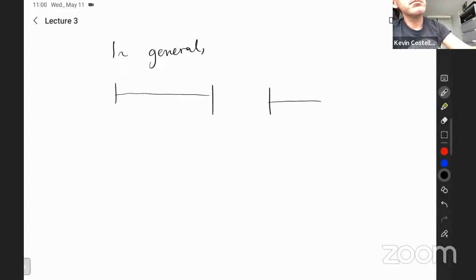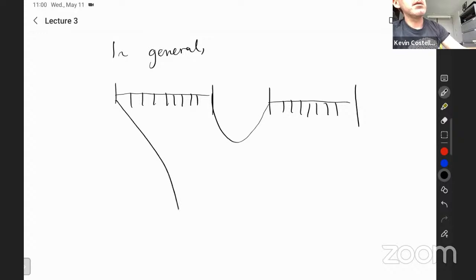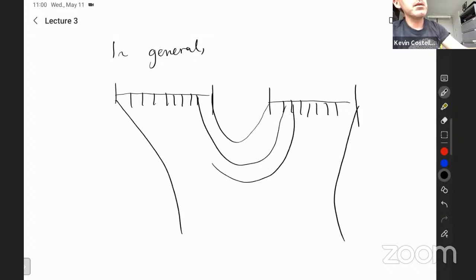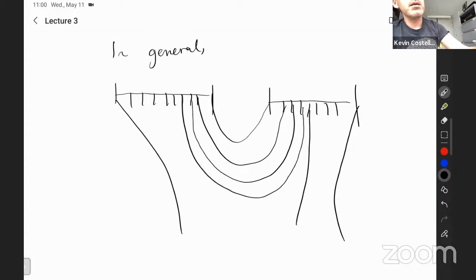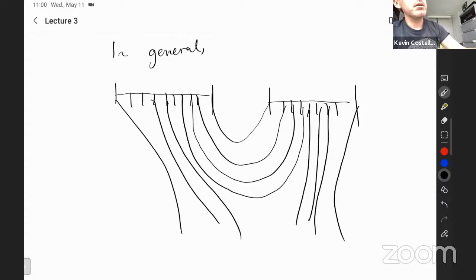Okay, so in general, the statement is that if I take some kind of open string thing like this, the planar ones, I have to contract a bunch of adjacent stuff. Some other ones go off.